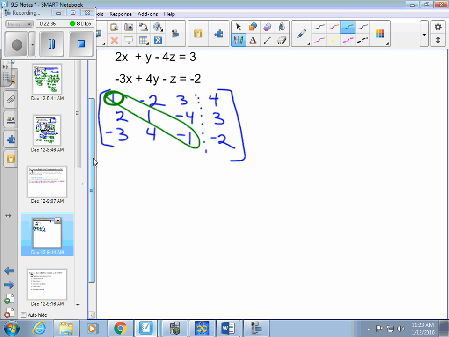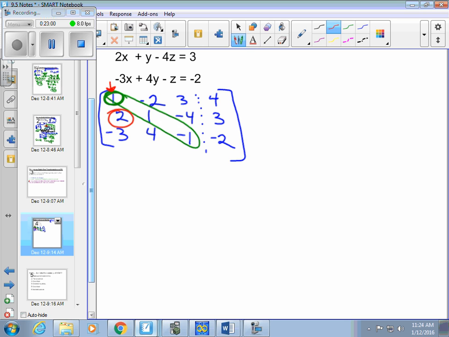Okay, so my first thing that I'm going to do here is I want to get that to be a 0. Okay, and I'm going to use my top row, and I'm going to multiply my top row by something so that when I add those two rows together, that becomes a 0. If this value here was a -2, then I could add these together and I could get to 0.